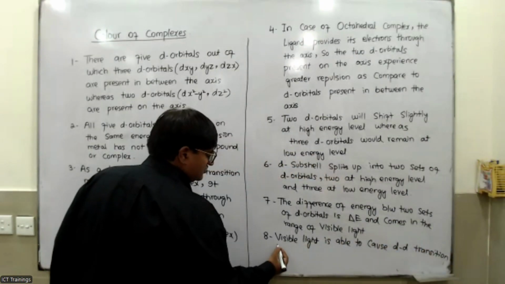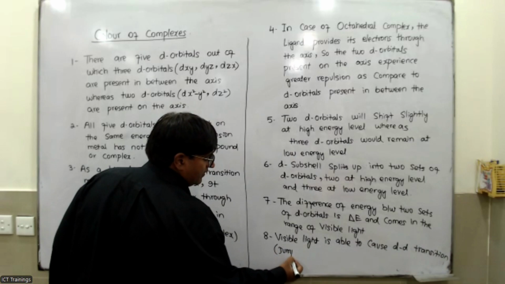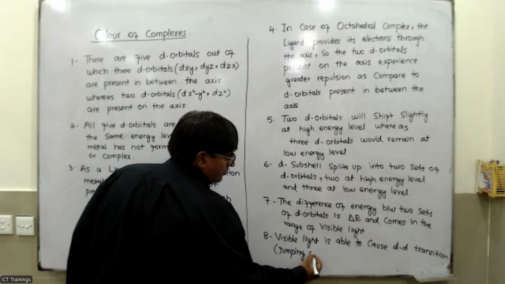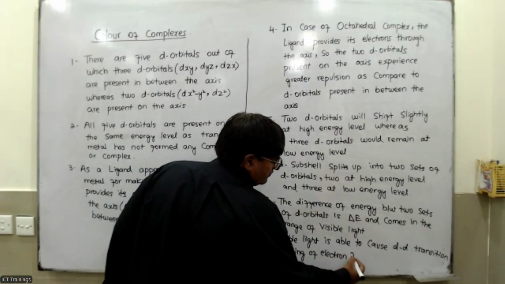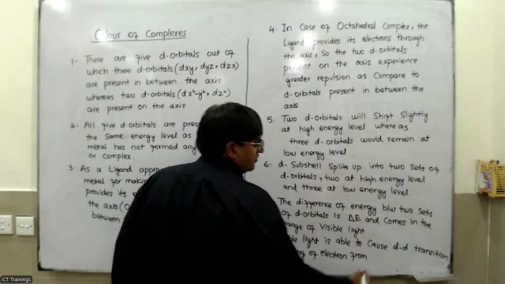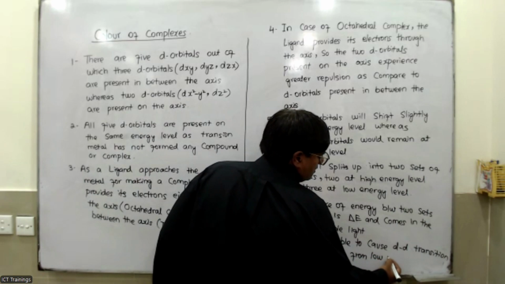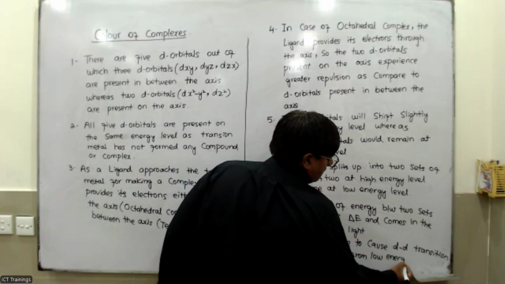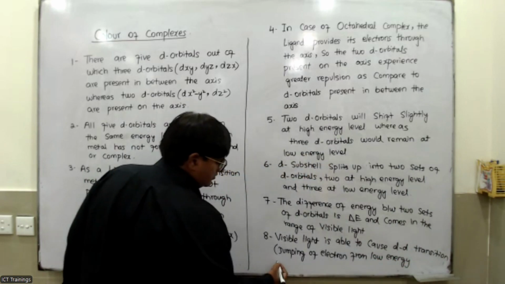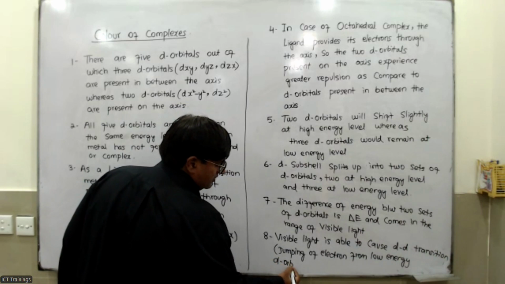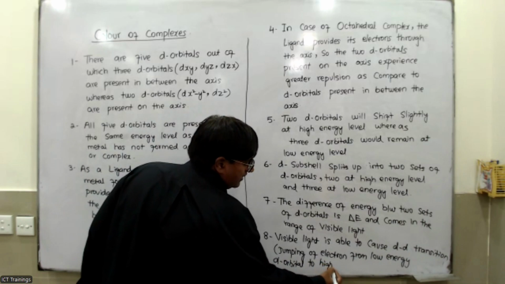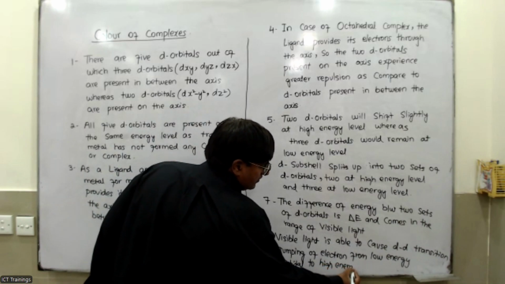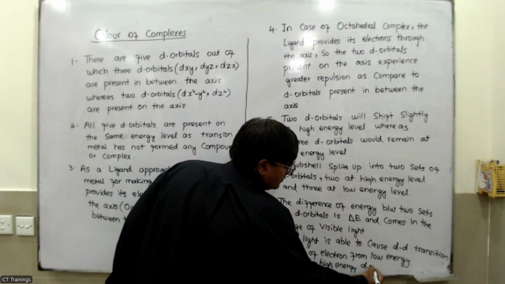D-d transition means jumping of electron from low energy d orbital to high energy d orbital.